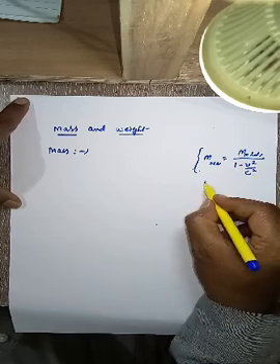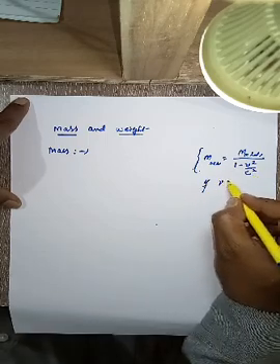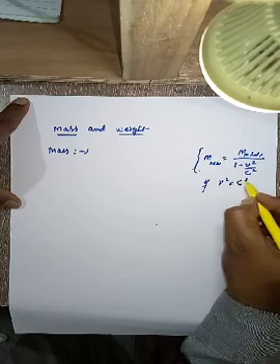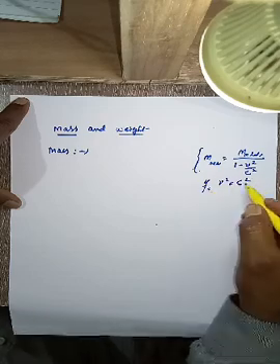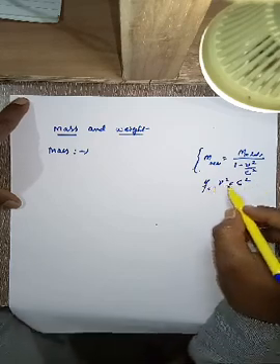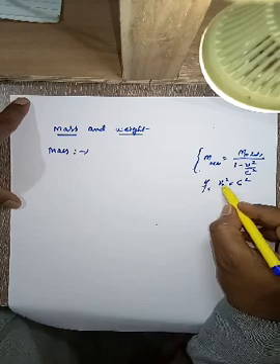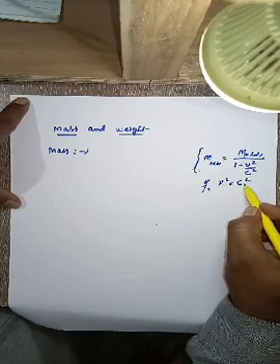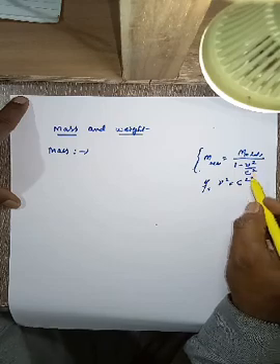Now if v square equals c square, note this point: if your velocity v becomes equal to the velocity of light, then what happens to this formula?